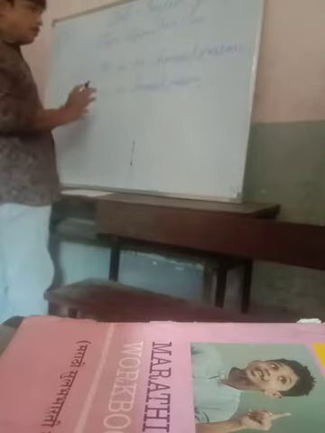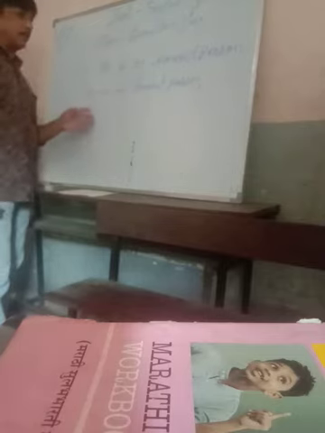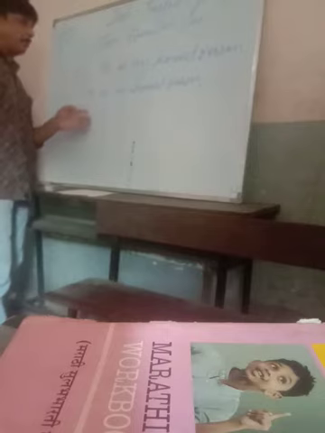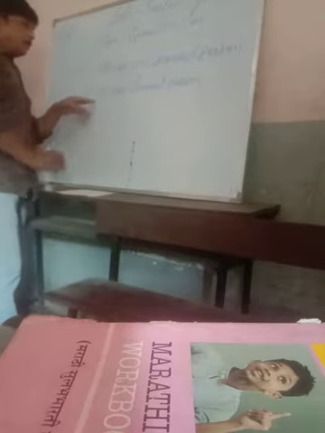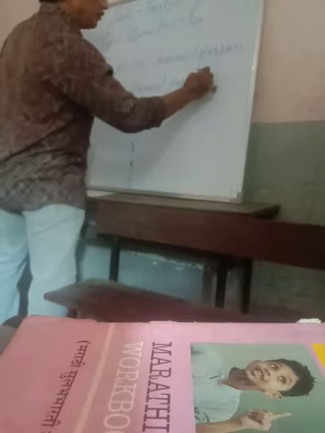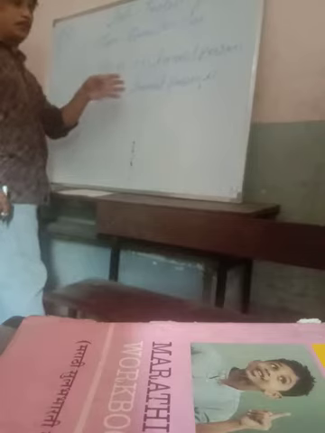First of all, you have to see carefully whether there is a helping verb present in the sentence or not. If a helping verb is already there in the sentence, you have to take that one, right? So I am just underlining that helping verb, is. So we have to write is, and then as I told you before, it's an affirmative sentence, so we have to make it negative in the question tag.